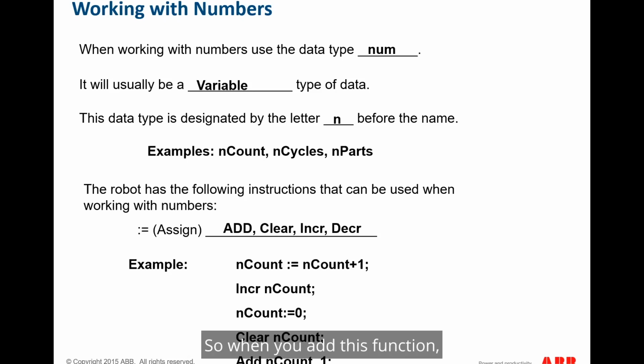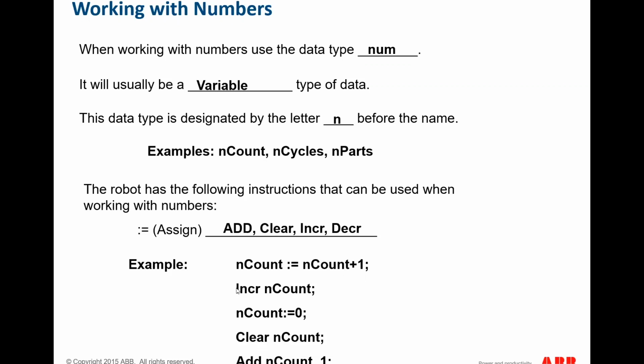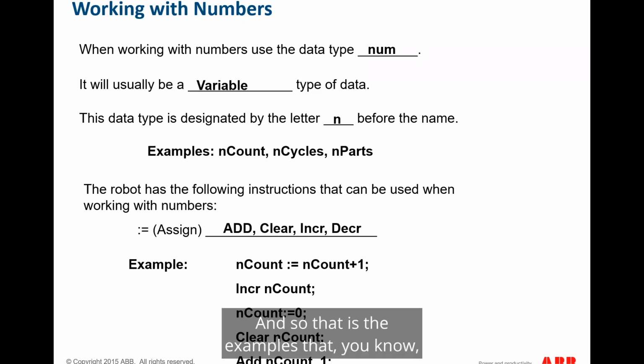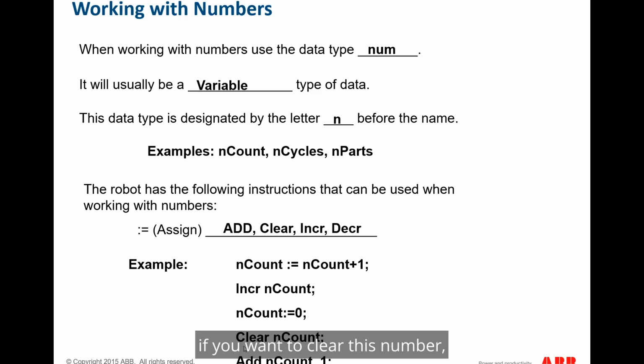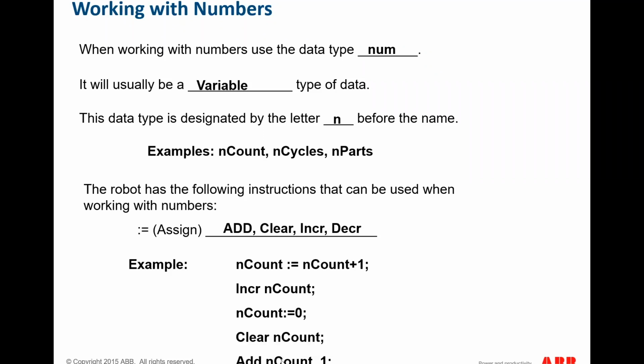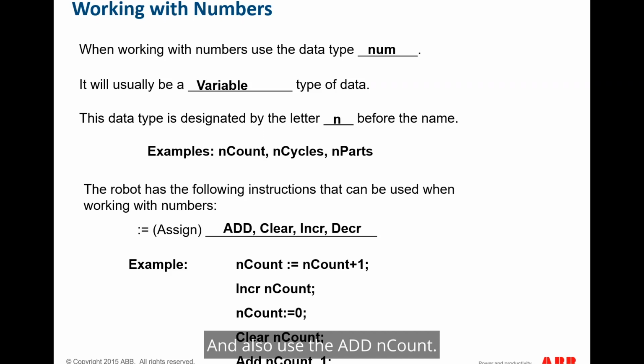So when you add to this count variable, it is a normal kind of mathematical writing. But in ABB language, they use INCR and count. So that is the example. If you want to clear this number, you can use clear and count, and also use add and count.